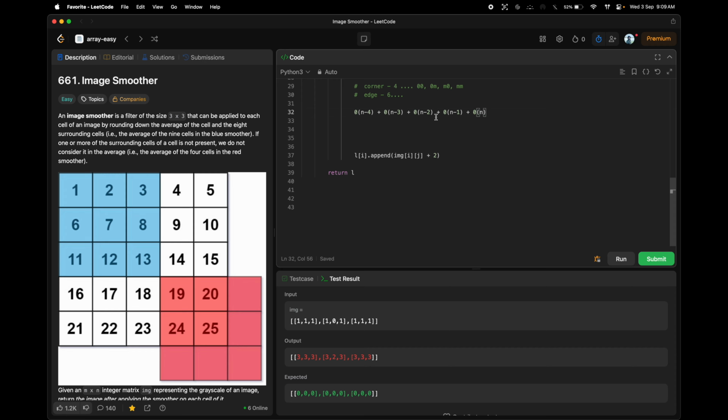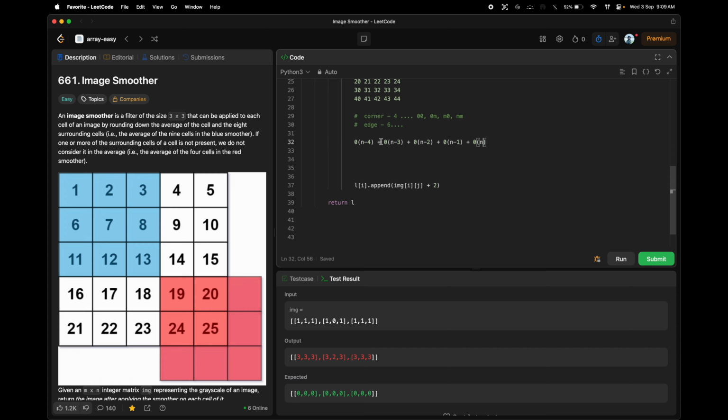Okay, and I know these two are corners. I would be able to identify somehow, but this is a corner. What else is a corner? What else is an edge? These are edges. What else is an edge?